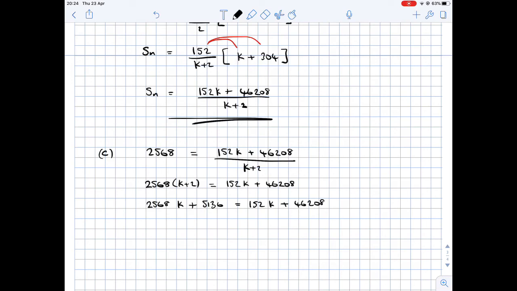Subtracting 152k from 2568k gives us 2416k, and 46,208 minus 5136 gives us 41,072. Finally, dividing that by 2416 gives us an answer of 17.